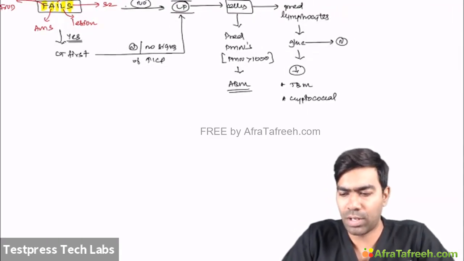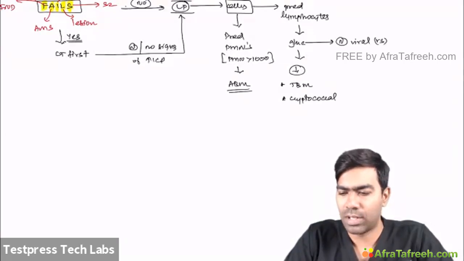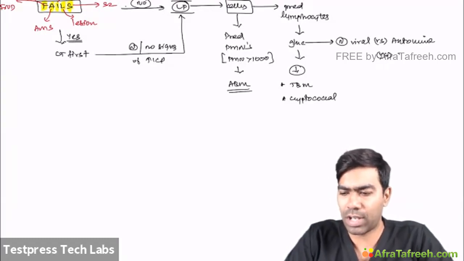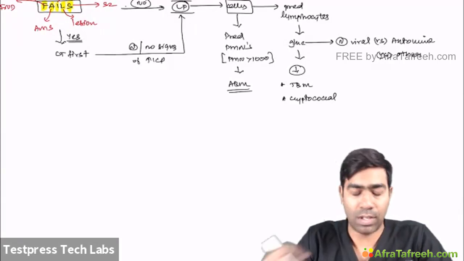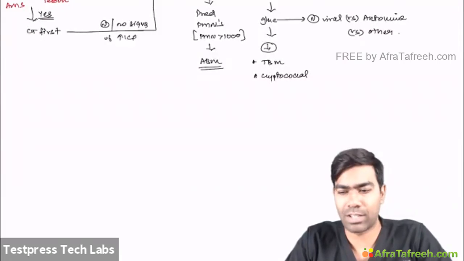If glucose is normal, my typical diagnosis will be viral meningitis or probably some autoimmune or possibly some different kind of meningitis, which we'll be discussing after some time. So, completely different or other causes, if the glucose value is normal and the CSF is predominantly lymphocytic.